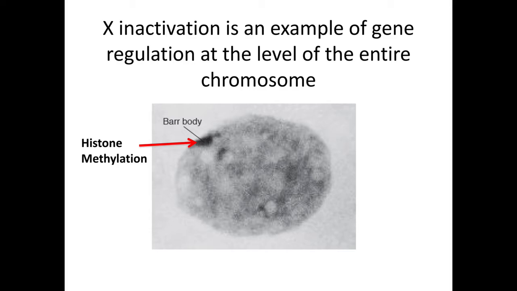It's important to point out that X inactivation is a very important example of gene regulation that occurs at the level of the entire chromosome. It happens through this type of chromatin-based gene regulation, because if you look in the Barr body, you'll find a very high level of histone methylation, which indicates that it's compacted chromatin and therefore inactivated.